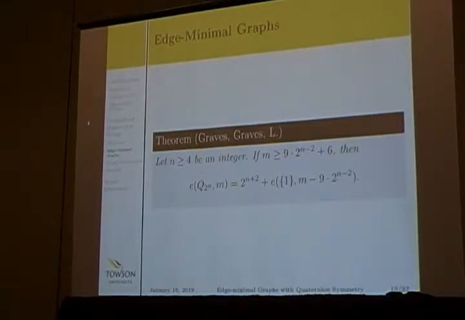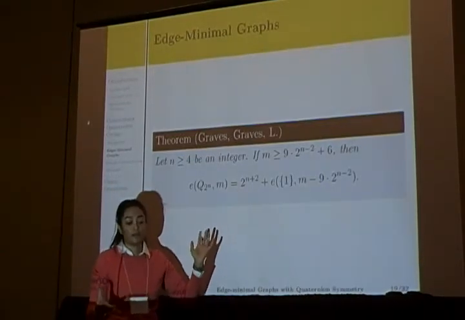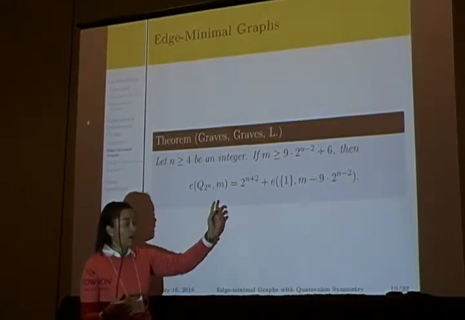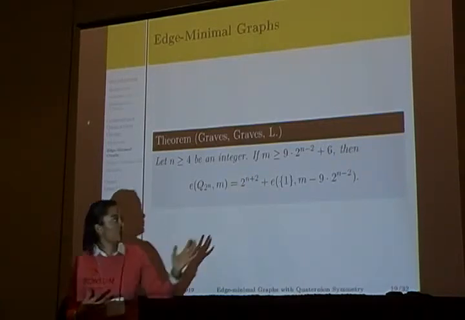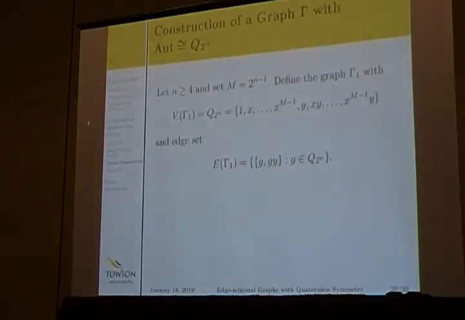Okay. So I'd like to take a few minutes to explain how you might construct a graph with Quaternion symmetry corresponding to this number of edges in our E of q to the 2n m. I'll do this construction in general, and then we'll do it for an example.